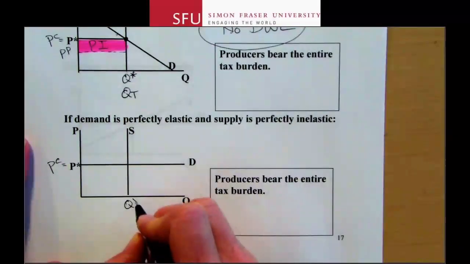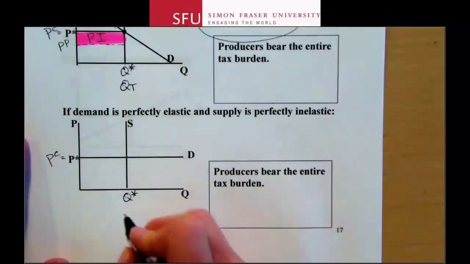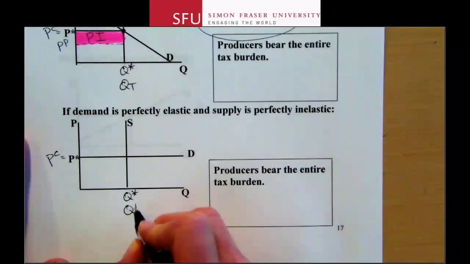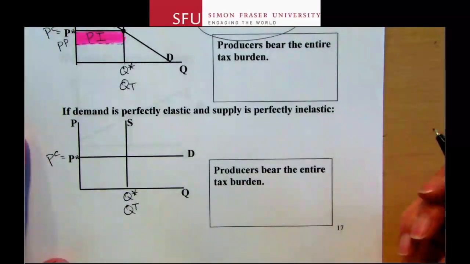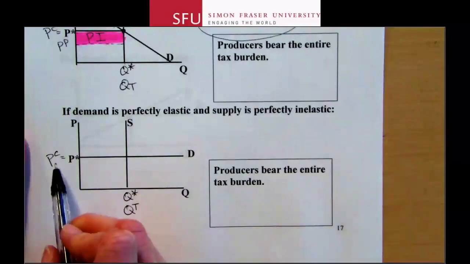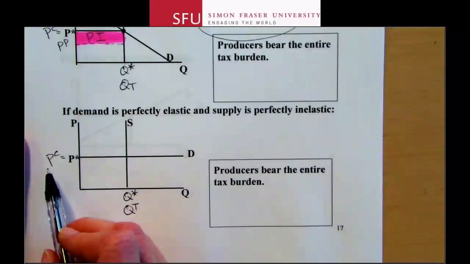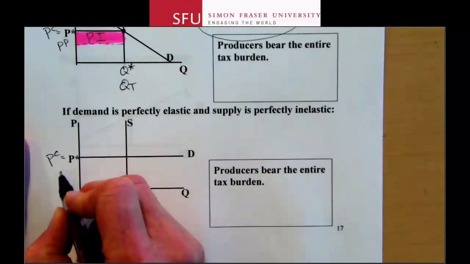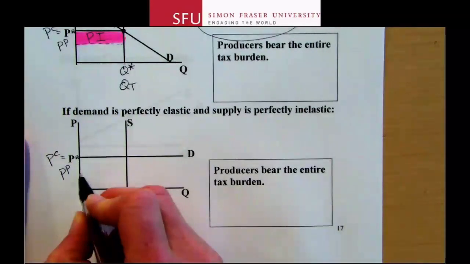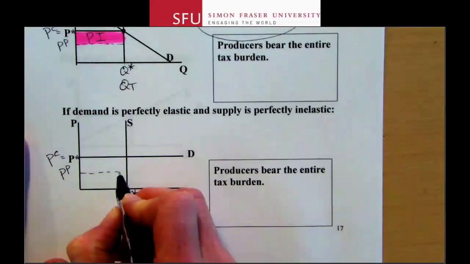And so this quantity will also stay the same. This quantity was Q star, and now it will also be QT. And then the only difference is that now the seller does not get to keep all of that money. Now they have to send part of it to the government. And so this minus the tax, they get a lower price. And so again, you can just draw that wherever you want.